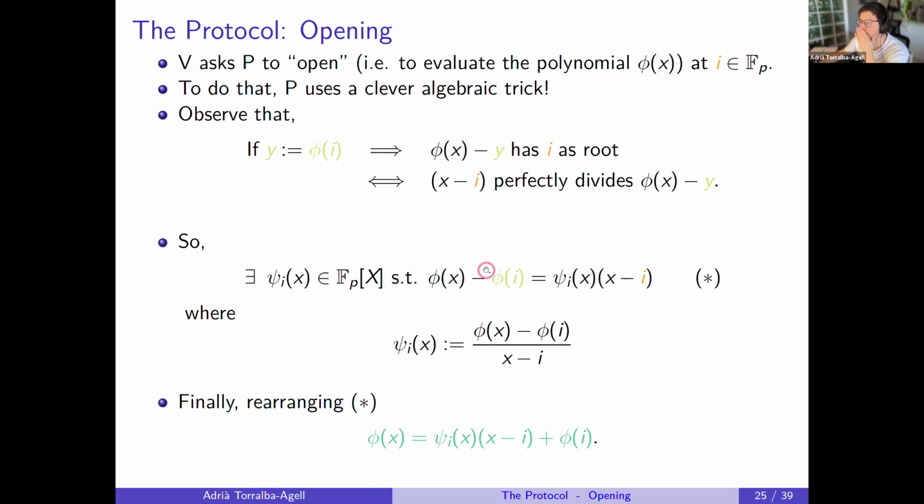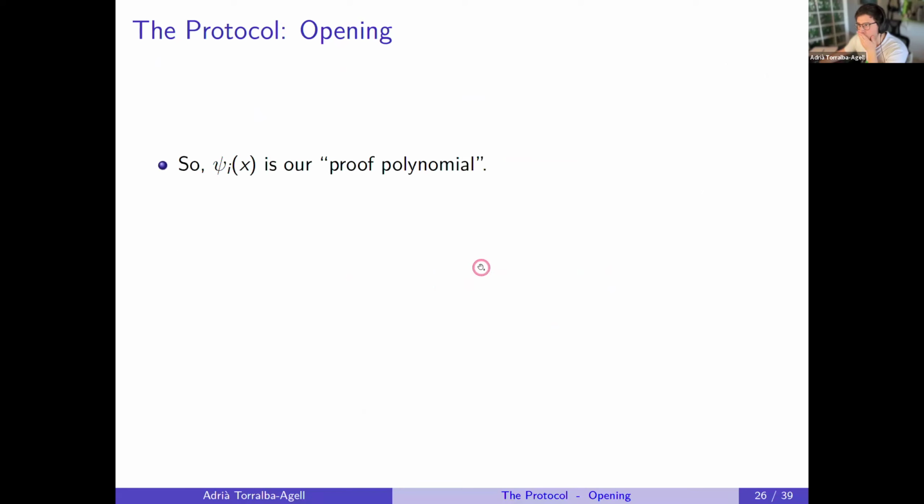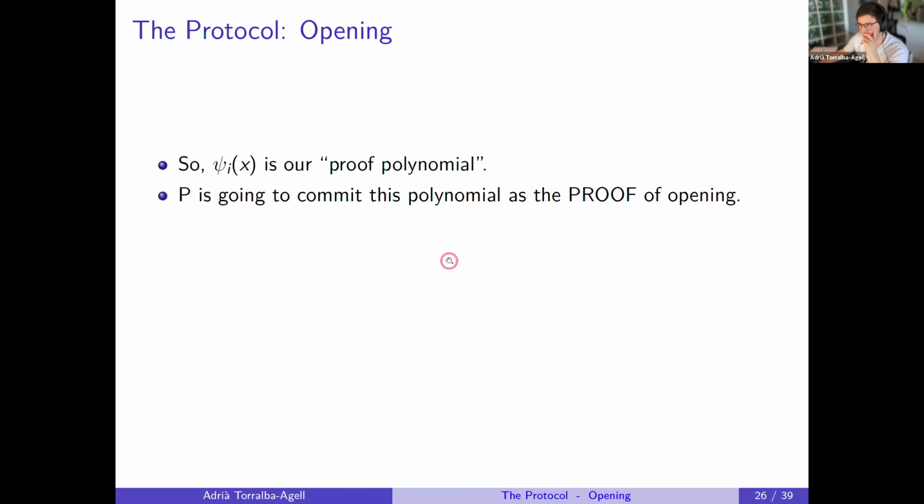Now, at the end of the third phase, that is the opening, the prover sends I, the requested opening, along with phi of I, the image of this, and the commitment for this proof polynomial or quotient polynomial, however you want to call it.